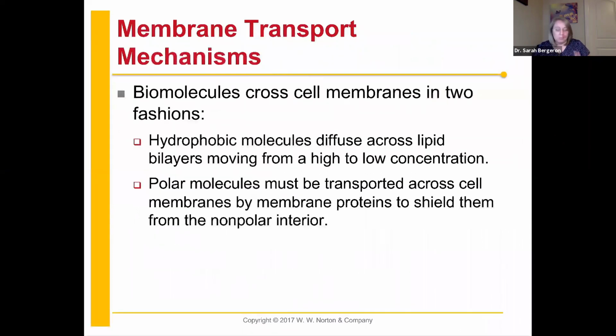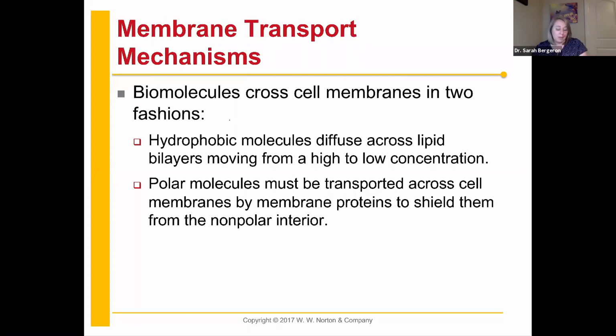So there are different kinds of mechanisms that allow for membrane transport, right? So we want biomolecules to cross our membrane, and they do it in one of 2 fashions. And the fashion that they move depends upon their chemical characteristic. So hydrophobic molecules, right, can diffuse. They can go across the lipid bilayer, moving from high concentration to low concentration.